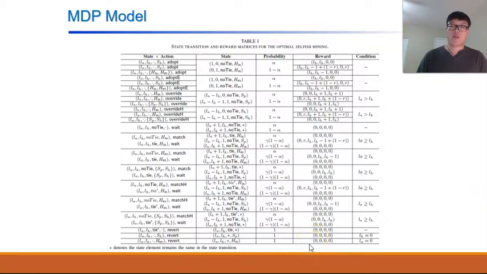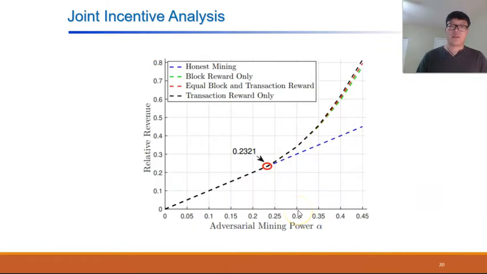To answer this question, we use a Markov decision process model. This table shows the possible states and actions for the attacks, and it also shows the probabilities and the rewards for each state transition. By computing the MDP model, we can get the relative revenue for the adversary. This figure shows the relative revenue for the adversary under different mining power alpha.